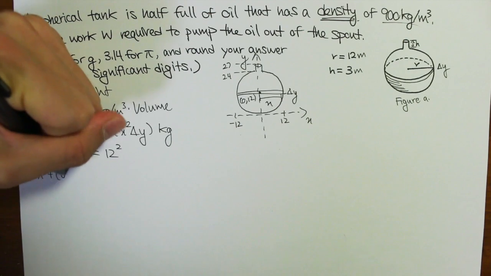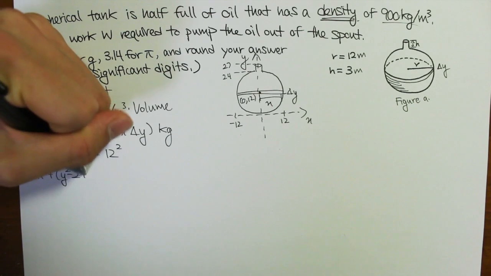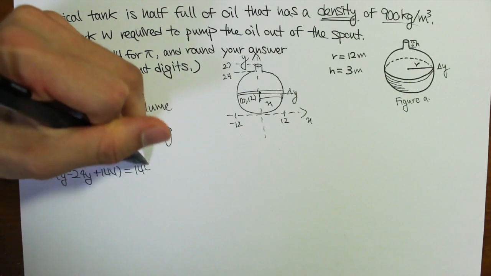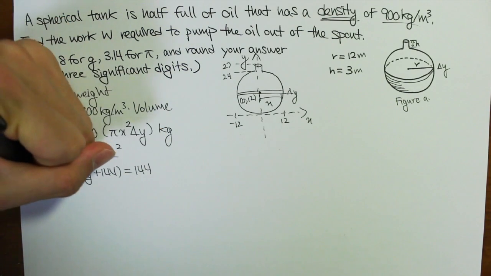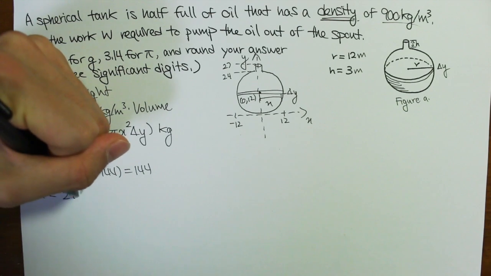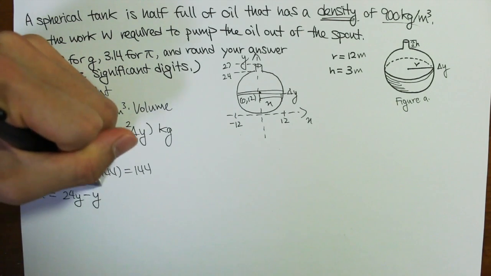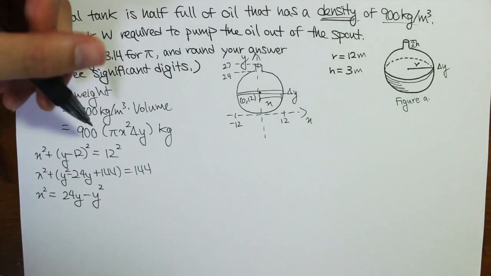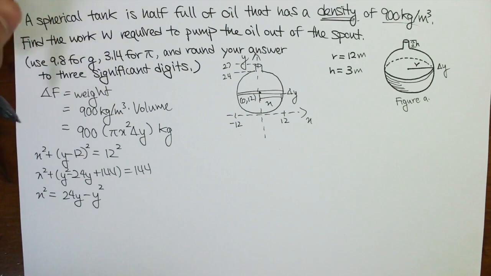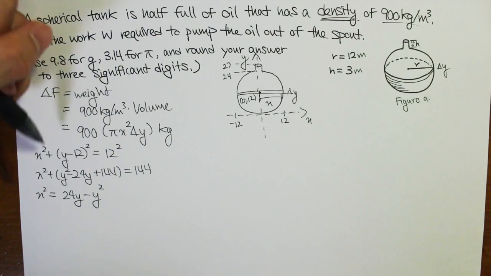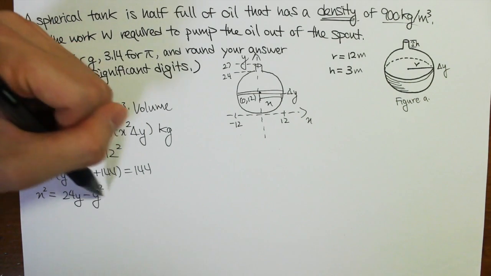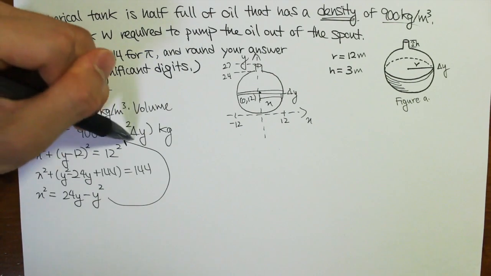To simplify this even further, we could say that x squared equals 24y minus y squared. This is what we want to substitute into the change of force function, because we want to unite the variables into a single variable, which in this case would be y. So we're plugging this in over here.